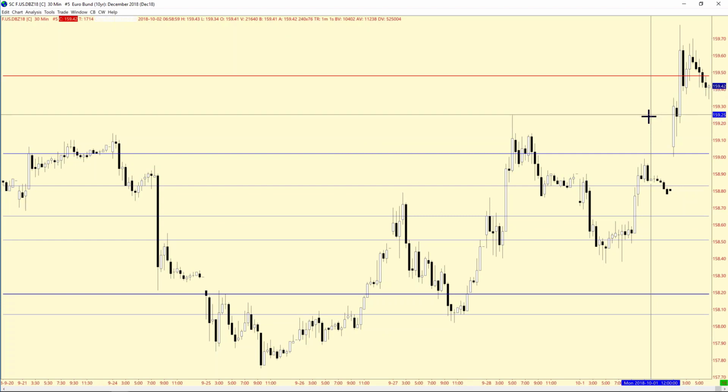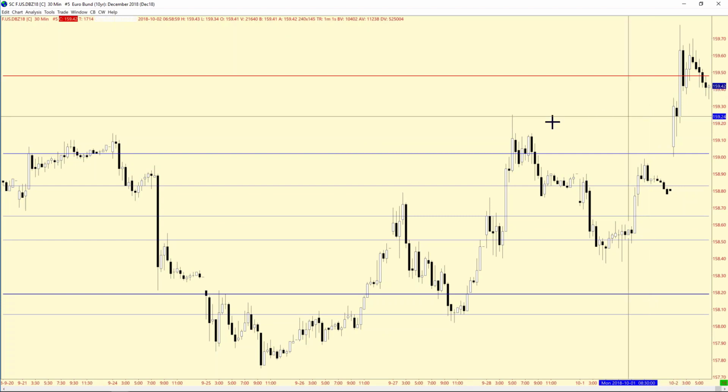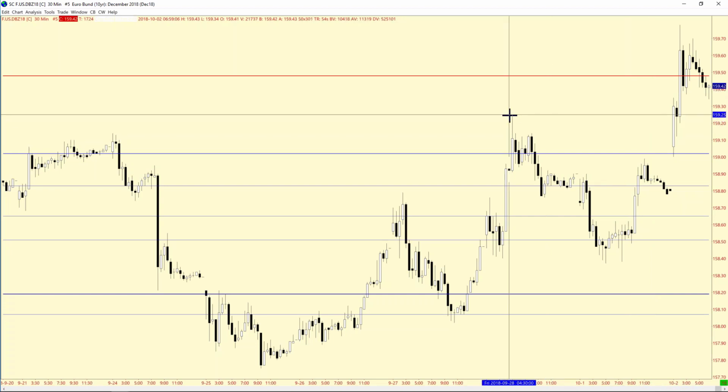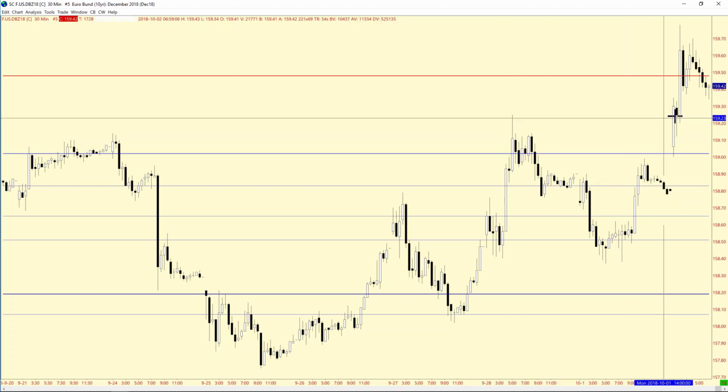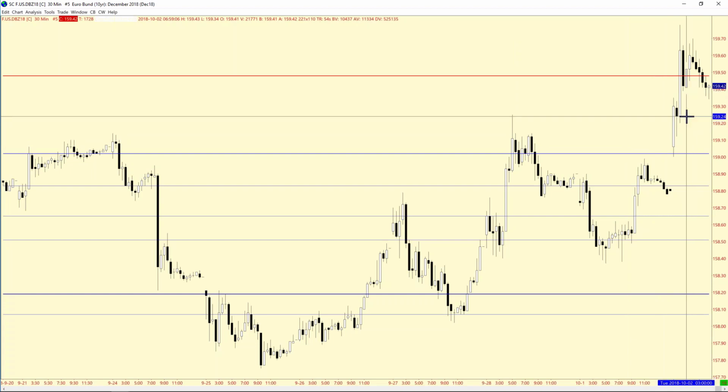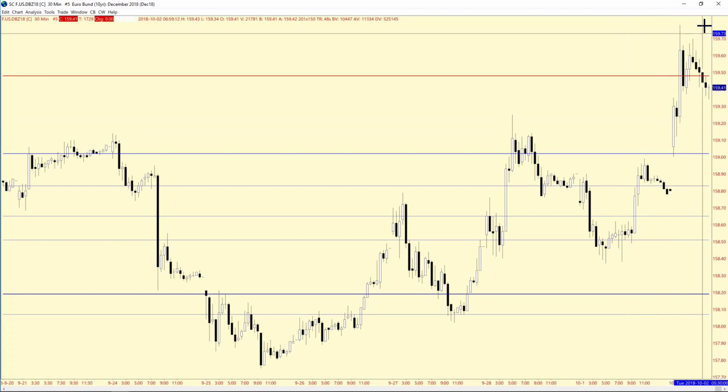Support on a short-term basis can be right there, 59.24. And that actually coincides with this top, which came in at 59.25. But you can see where the body open, closing open, 59.24.